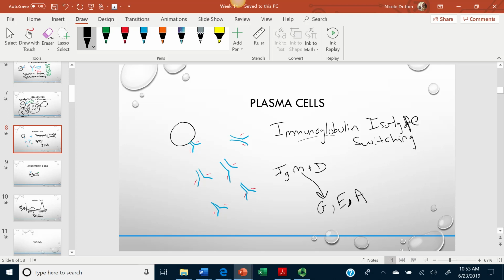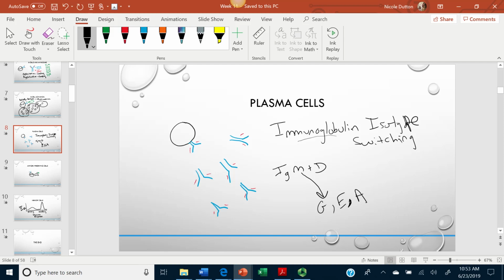Now, what do plasma cells do? Plasma cells pump out large quantities of antibody so that the antibody can do its function of opsonization and agglutination. In order to pump out the correct type of antibody, we go through immunoglobulin isotype switching. Immunoglobulin is an antibody. That's why we call them IgG, IgM, and so forth. Immunoglobulin for Ig.